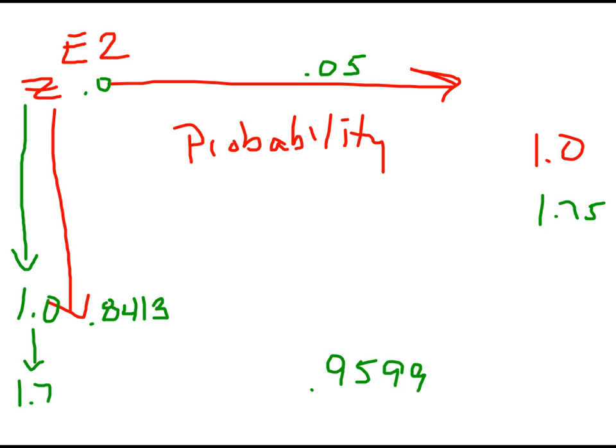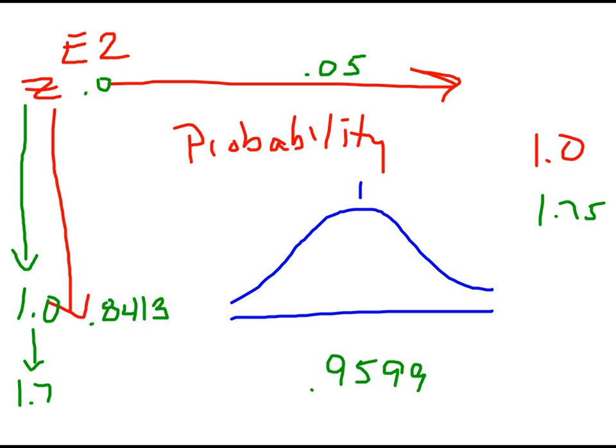So what this means is that if you have your probability distribution and you have your mean, and in this first case, a z-score of 1.0 would mean that you would be exactly one standard deviation away from the mean.